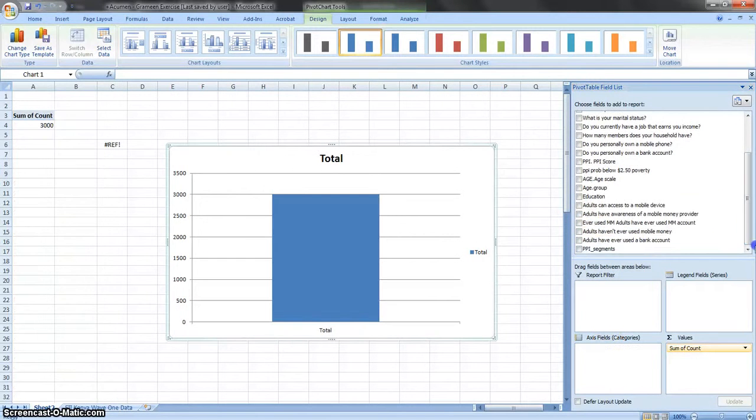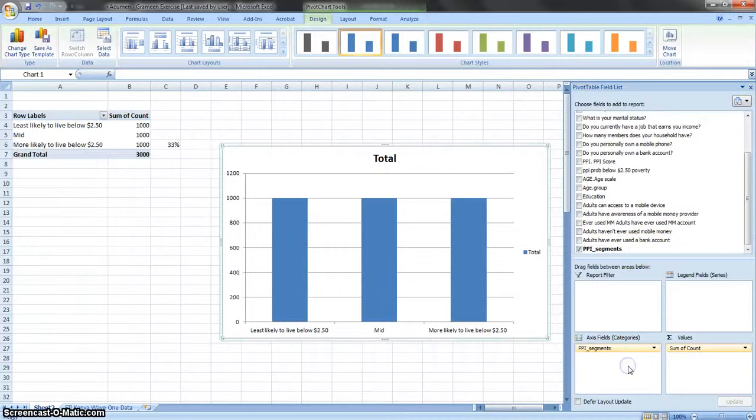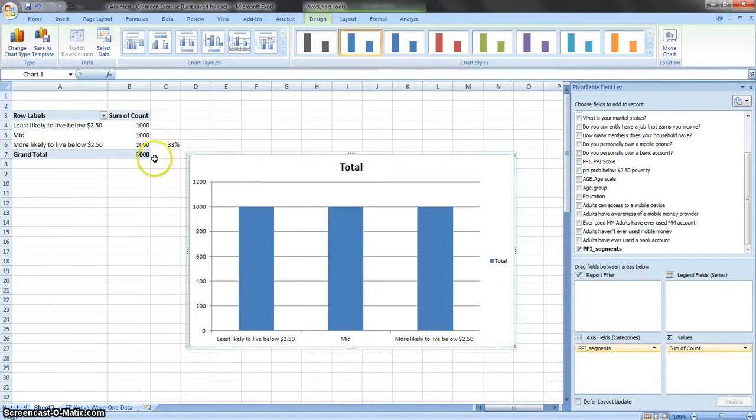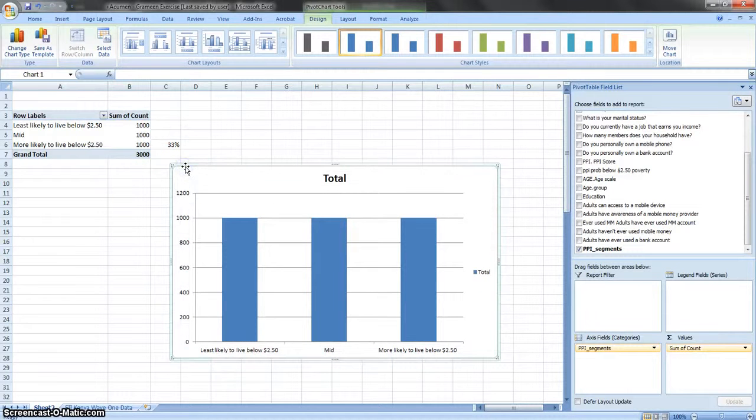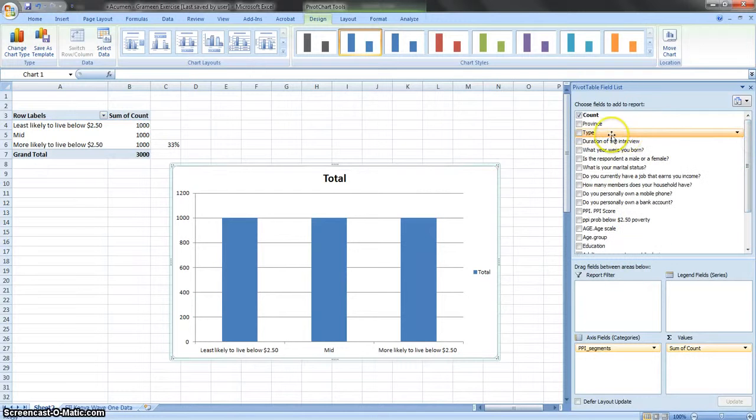So let's go back to our PPI segments, and we're going to see again that we have 1,000 in each, over 3,000. So now we're going to choose a few variables that we want to use to understand this particular segment, which is the more likely to live below the 250 line. And for doing that, we're going to choose type.